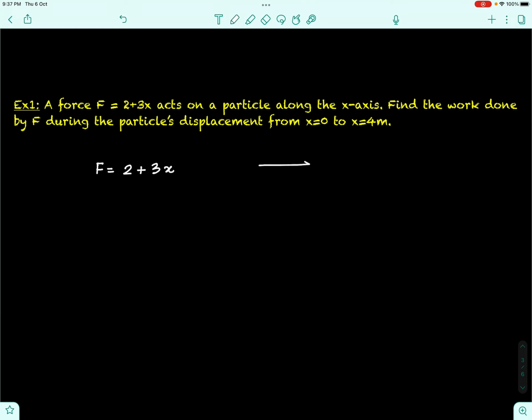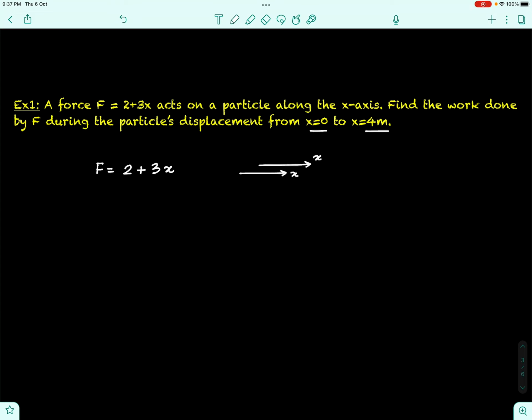And since the force is acting along the x axis and the particle is also getting displaced along the x axis, it is moving from x equal to 0 to x equal to 4, we understand that force and displacement both are in the same direction. So, that will make it easy for us to calculate the expression for work.